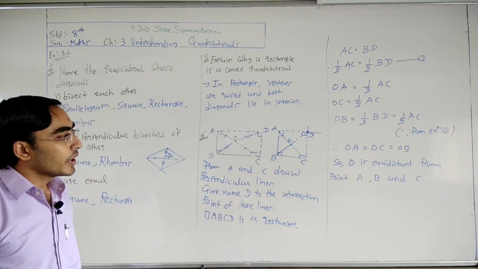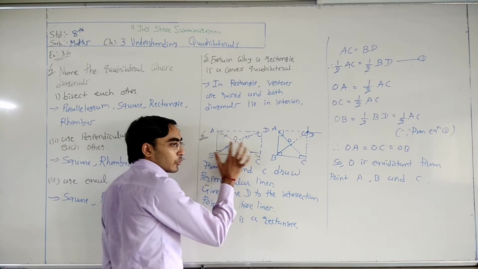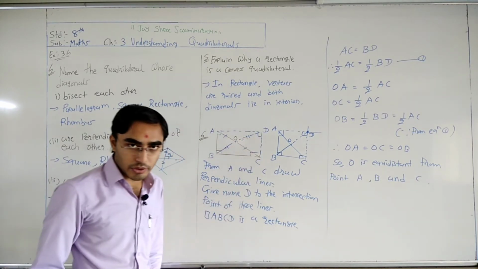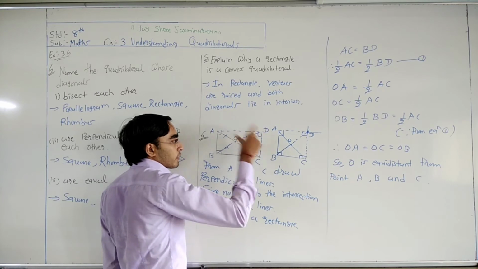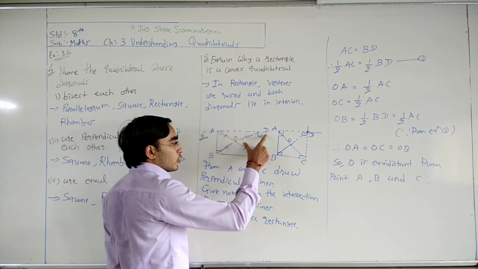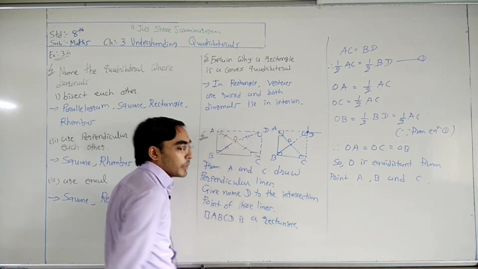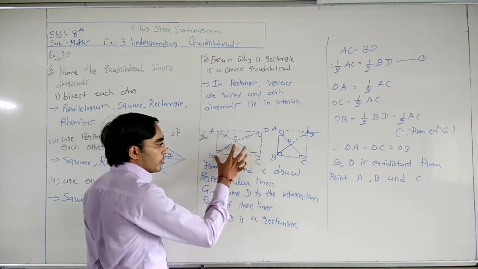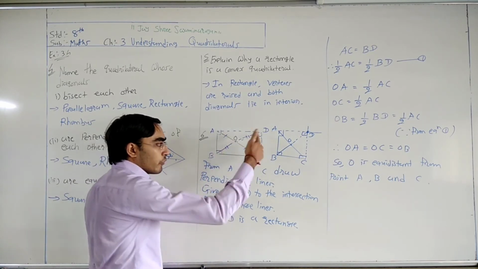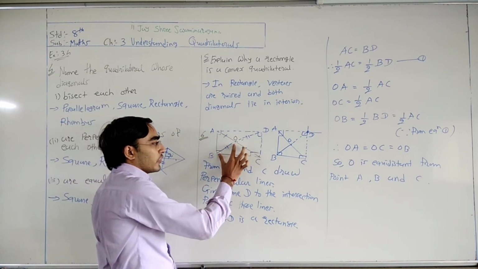Okay. Third one is OB. Now if you think about OB, here too diagonals bisect each other. Right? So OB is equal to OD. So here you can write OB is equal to half of BD, because both these parts are equal, so this is the half part.